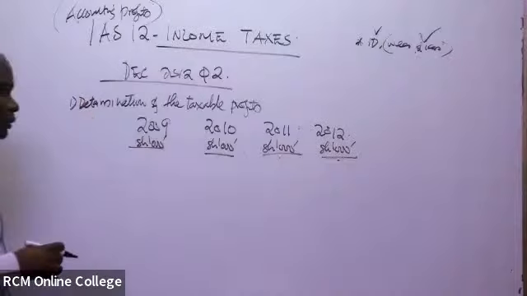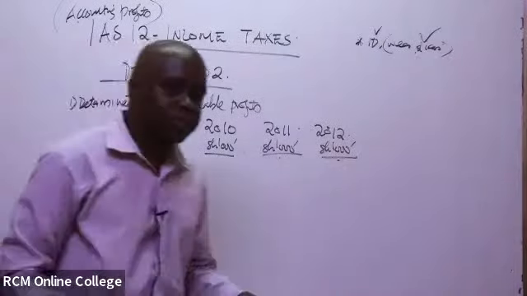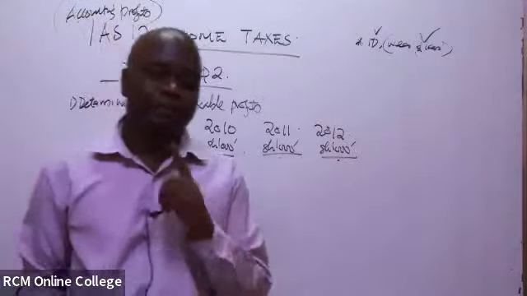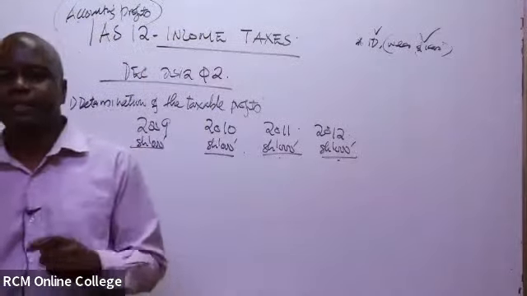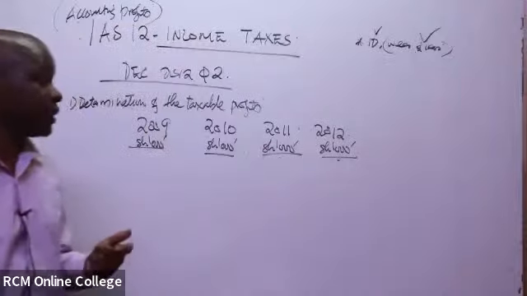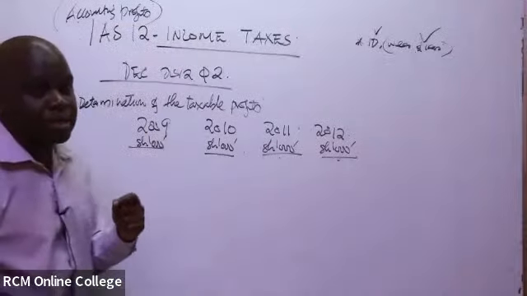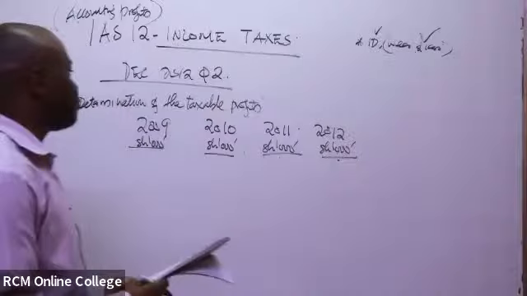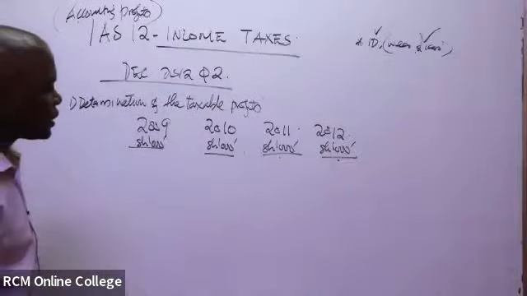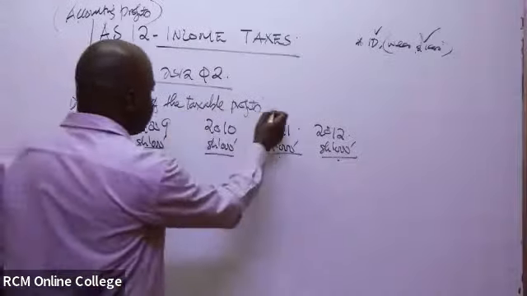Remember, this particular point will sink in when you learn. Those who already learned public finance and taxation really understand what I am saying. You have to readjust the accounting profits to come up with the taxable profits.